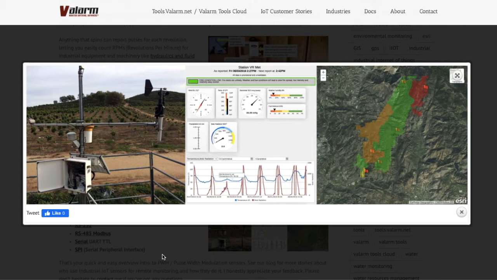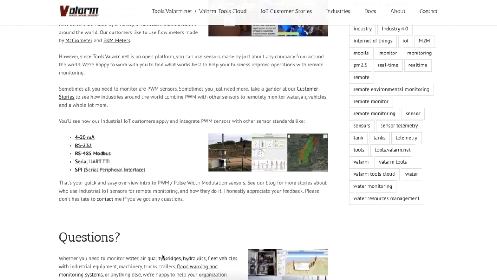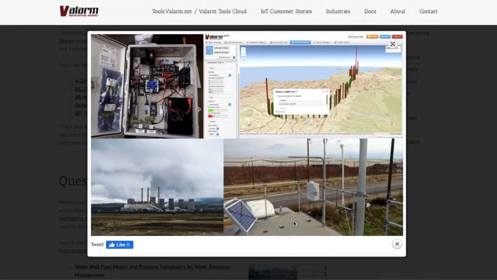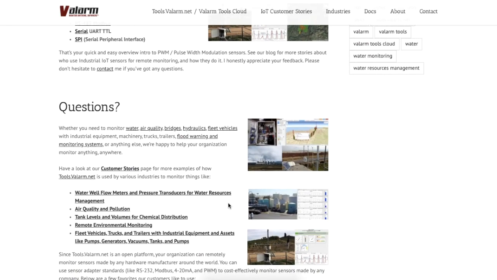You'll see how our industrial IoT customers apply and integrate PWM sensors with other international sensor standards like 4 to 20 milliamps, RS-232, RS-485 Modbus, serial UART TTL, SPI, serial peripheral interface.